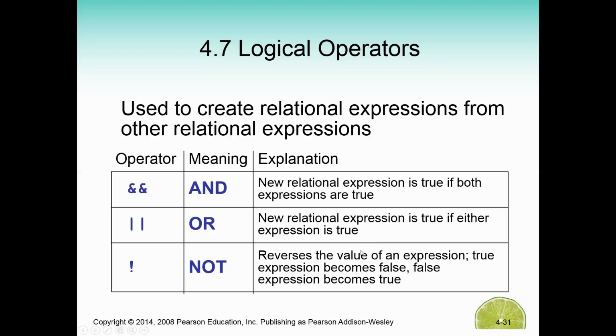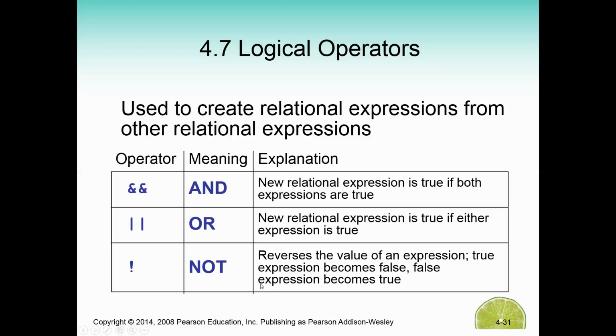So we have one on the right side and another on the left side. If the right side expression is true or the left-hand side expression is true, then it's going to result in a true value.